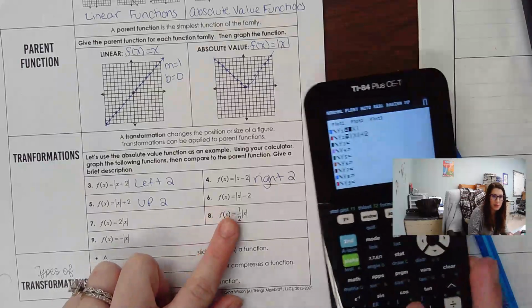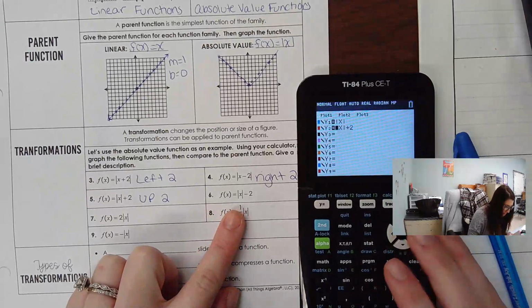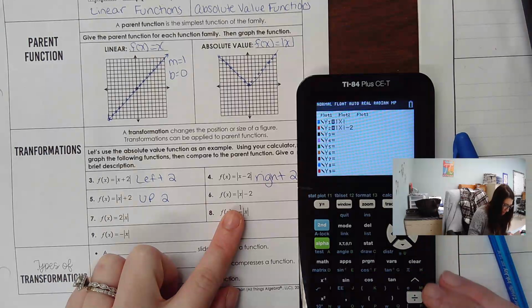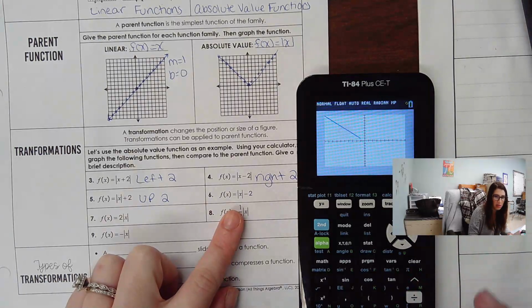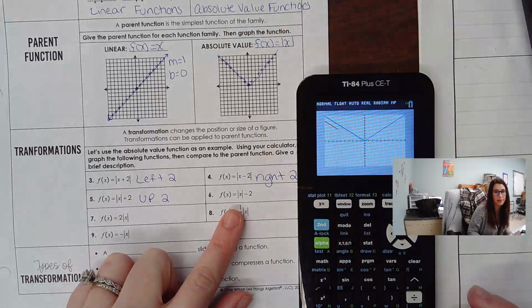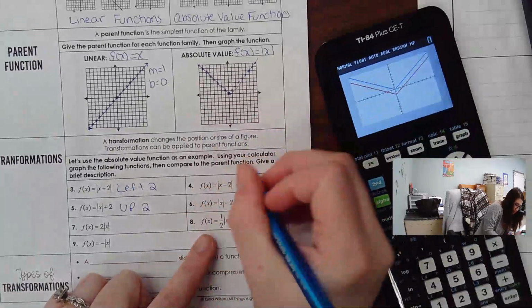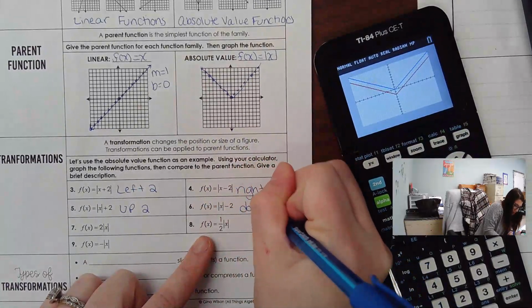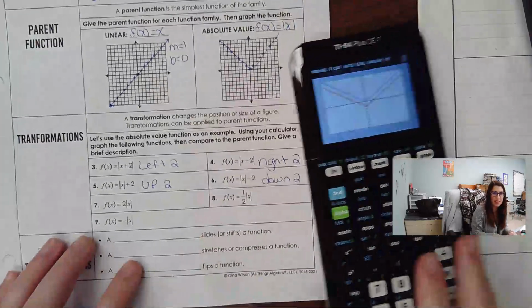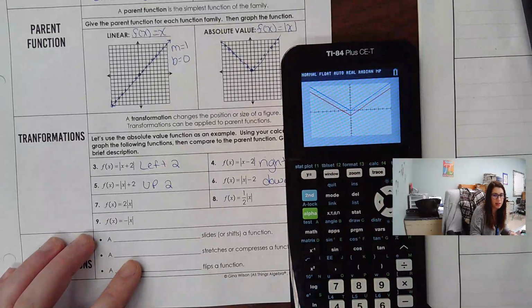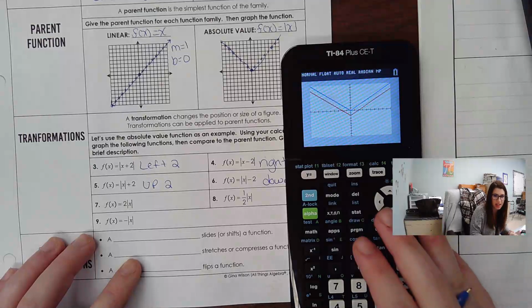And now for the next one, it's x minus 2. So I'm assuming it's going to go down 2, but let's double check. And I am correct, it goes down 2. So it's really nice that we can even check with the calculator and kind of figure it out from there. So that's like a nice little tip.